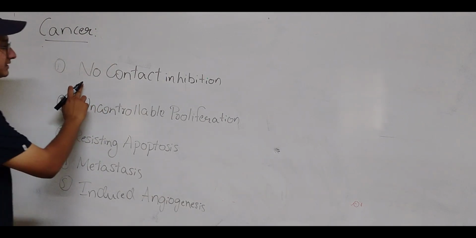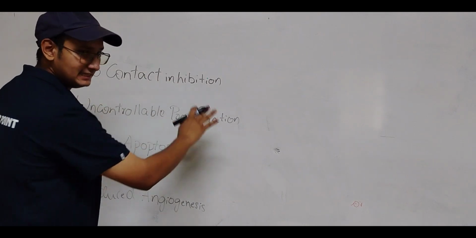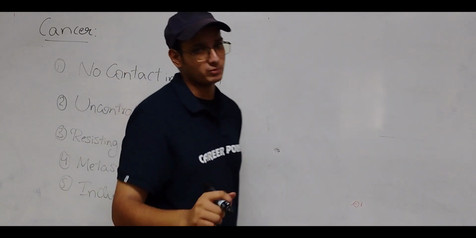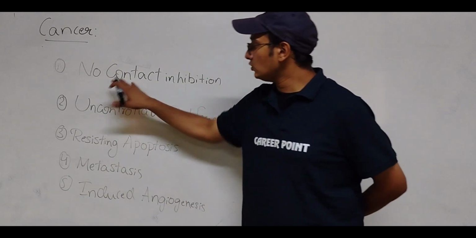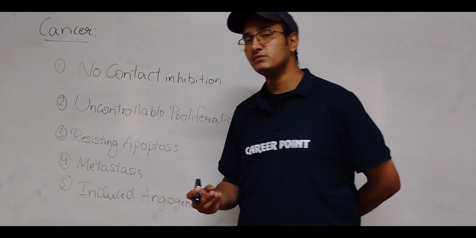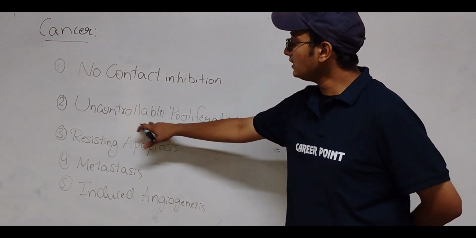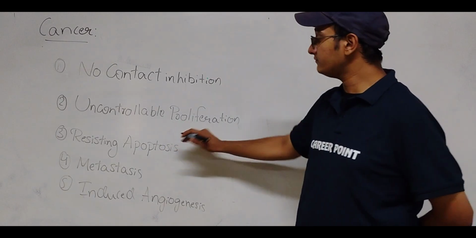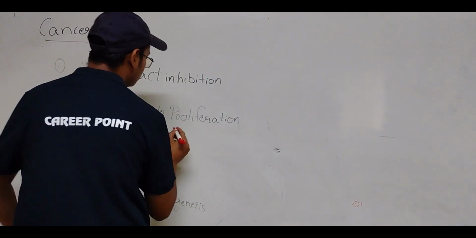The first characteristic is they don't have contact inhibition. Just now we have understood about it. So as they don't have contact inhibition, they cannot stop the division. So that's the reason why they lead to uncontrollable proliferation. Proliferation means division.